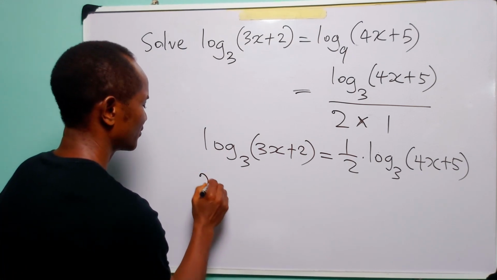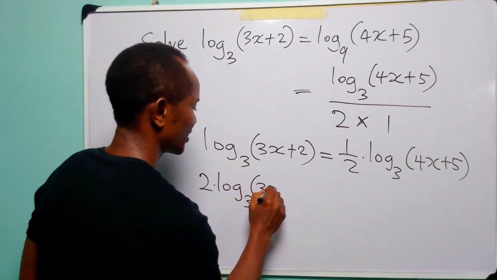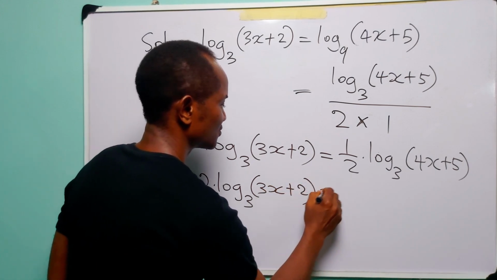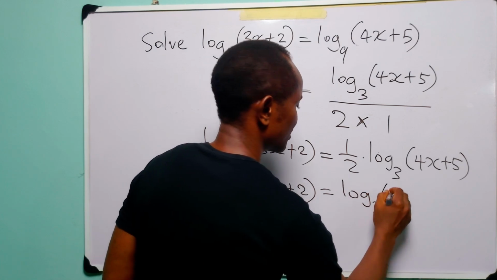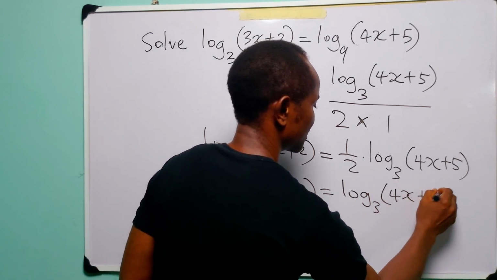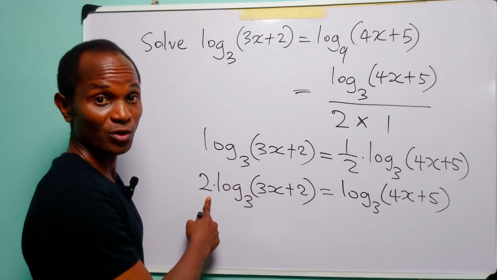When we do that, we have 2 times log to base 3 of 3x plus 2 is equal to log to base 3 of 4x plus 5. Once more, remember the power law of logarithms.